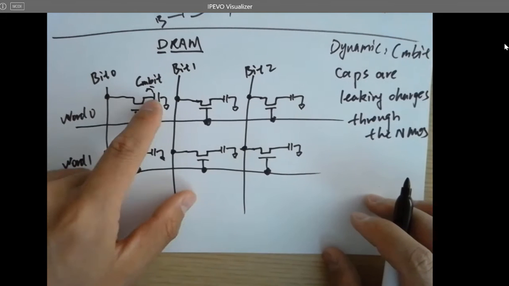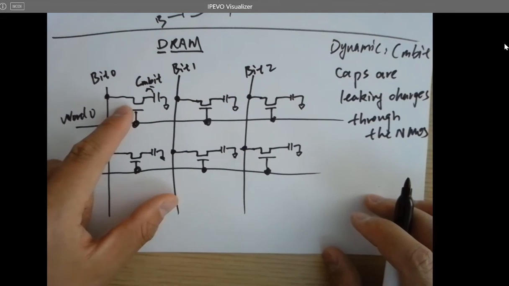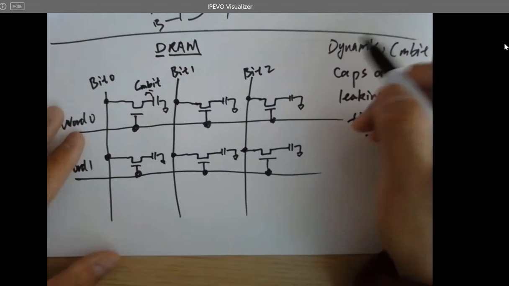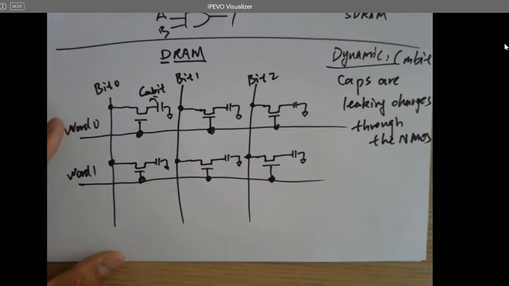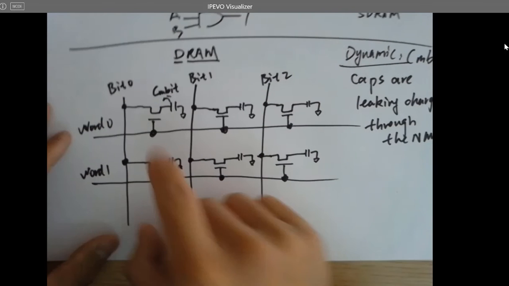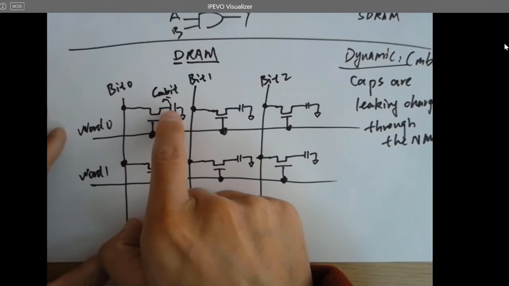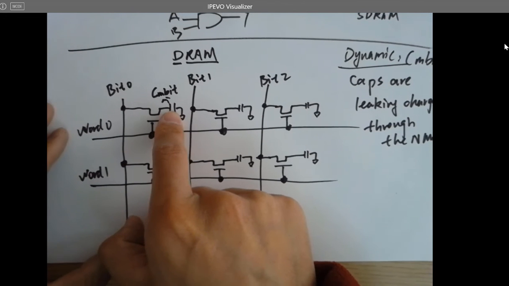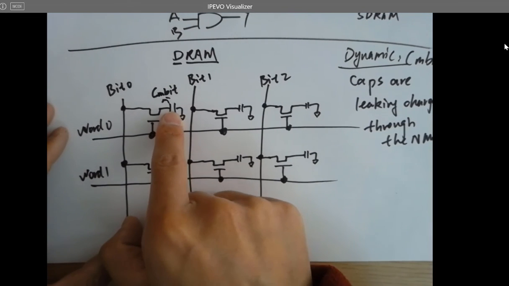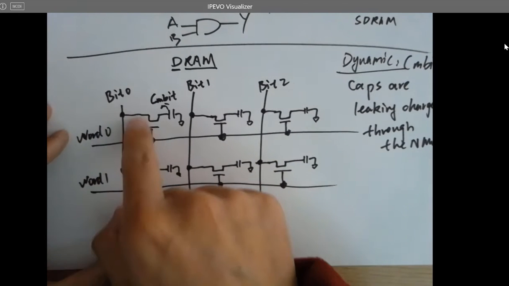So the charges are leaking through the transistors gradually. That's why it's called dynamic RAM. So after a while, you have to refresh it to recover all the memory bits in there after a certain period of time. So that's why it's volatile, because it's leaking.